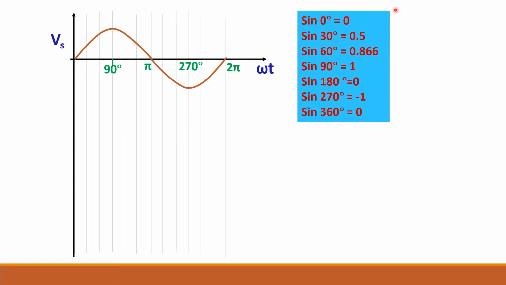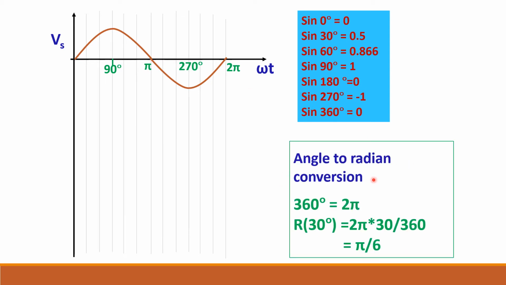So remember these things, you can draw the sine waveform. And you can see that I have mentioned here pi radians and here in degrees. Normally we will use only radians. So you should know this angle to radians conversion also.